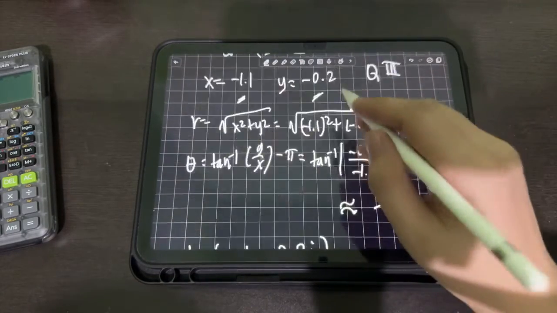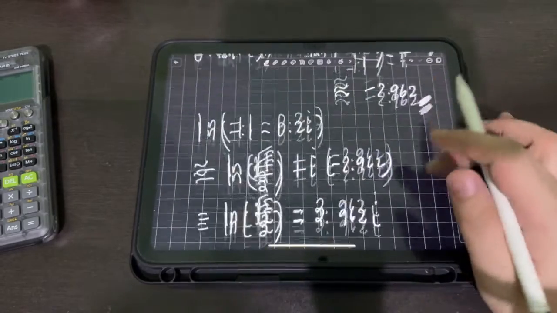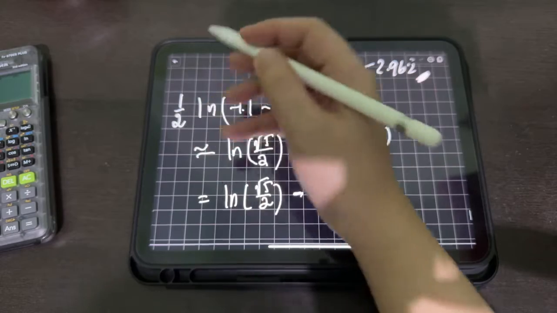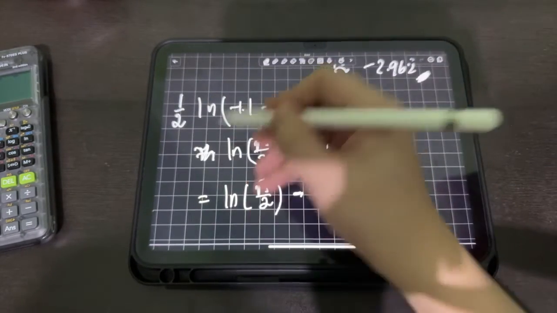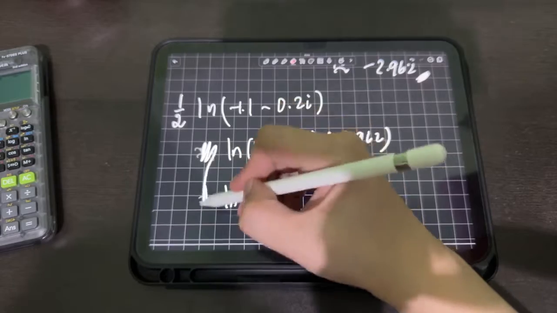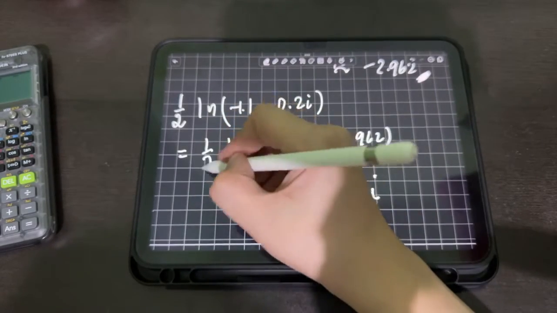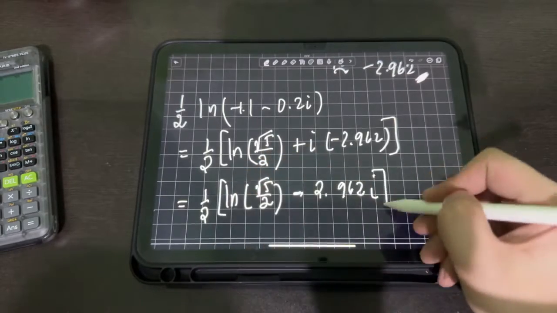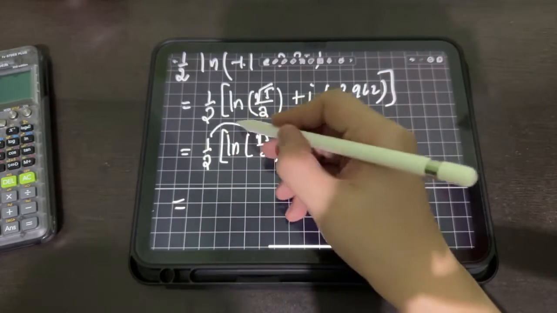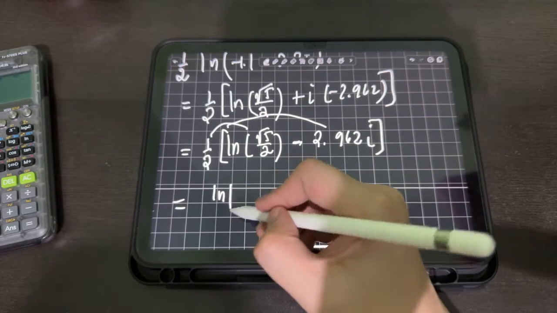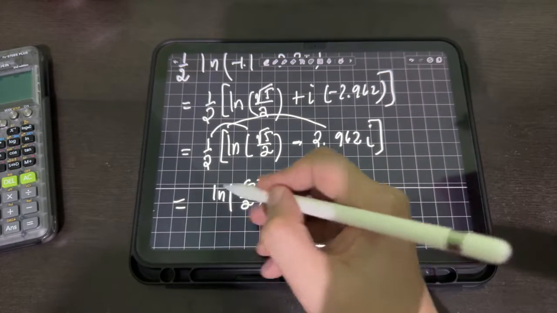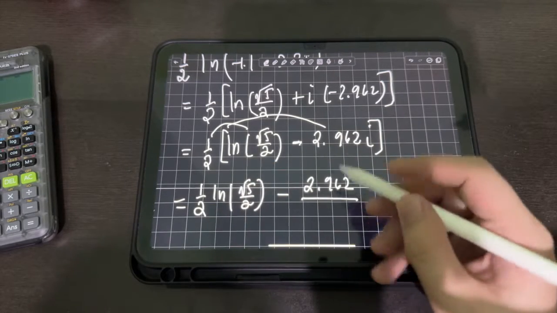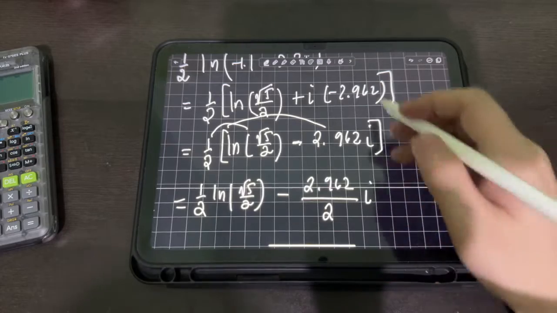But there is a 1/2 here. So we need to multiply this by 1/2. So if you put 1/2 here, you should also put 1/2 quantity, right? So distribute this 1/2, you will have ln of square root of 5 over 2 times 1/2 minus 2.962 over 2i.